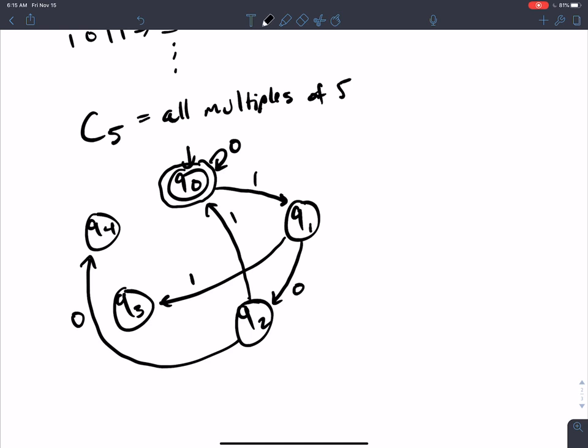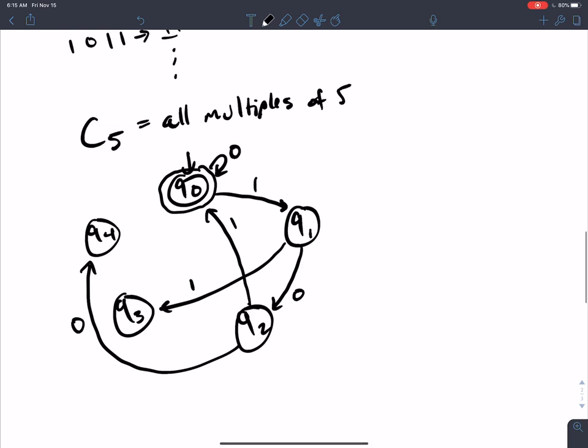But what we need to do here is reduce that remainder by 5. So when we have a remainder of 6, we take 5 away to get 1. If it's bigger than 5, we take away 5. So Q3 needs to go to Q1 on 0, and the next one in the line is going to be Q2, so that's where the 1 goes.